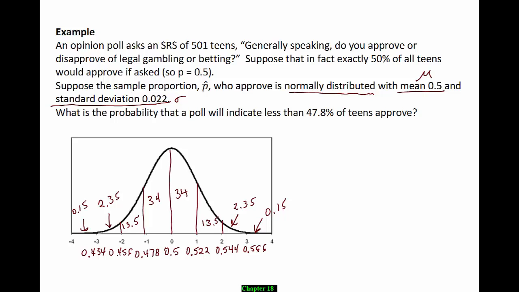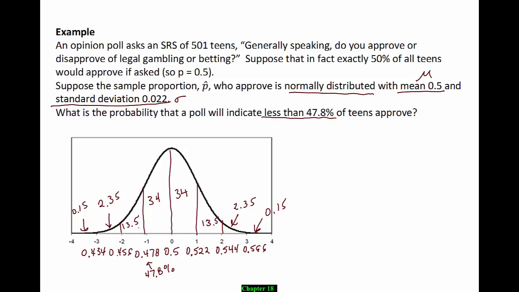We want to find the probability that a poll will indicate less than 47.8% of teens approve. Where's 47.8%? It's right here. 0.478 is the same thing as 47.8%. If we want to know the probability that a poll will indicate less than that, then we want to shade the area to the left of 0.478 on our normal distribution.